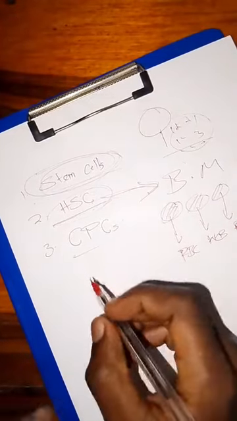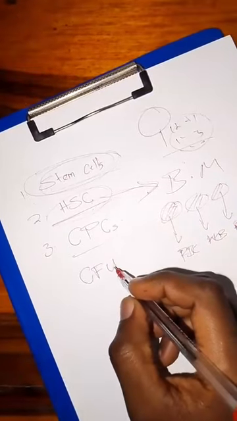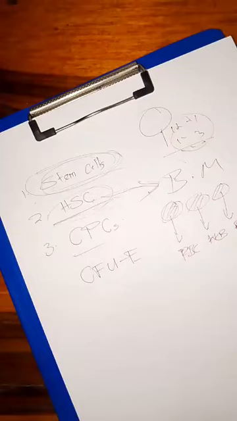Then we also have what we call the committed progenitor cells, just from the term committed. They are committed in these relationships. These cells are restricted to a specific lineage, or they can only produce one specific type of blood cell. So you're going to find that we have a certain type of committed progenitor cell that is called the CFU-E, or the colony-forming unit erythroid.